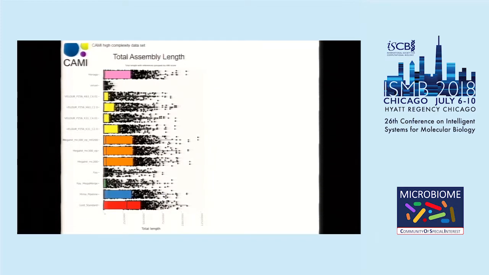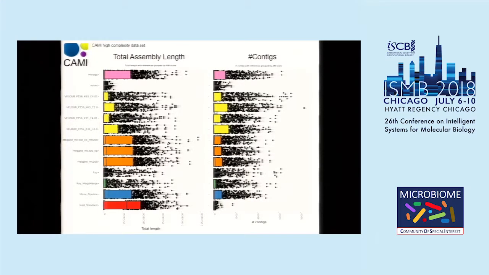When you look at these results for the different assemblers, and again, same color means it's the same tool but run with different parameters, you already see some differences. For instance, this tool here, Velvet, basically doesn't assemble anything. Same for Ray. So the total assembly length is pretty small compared to the other assemblers. Now you can look at the number of contigs, and of course there's some correlation between these two things.